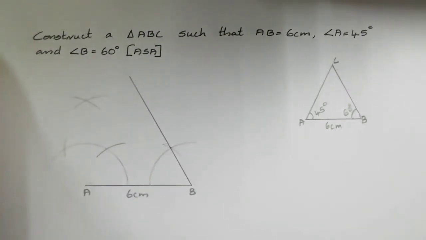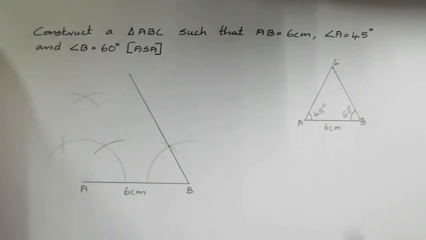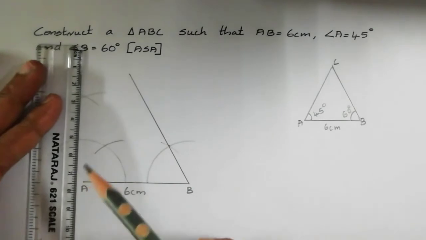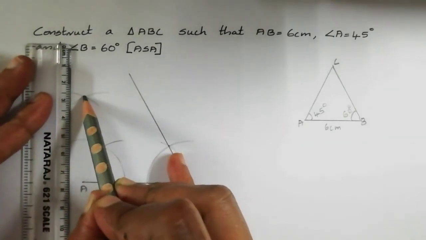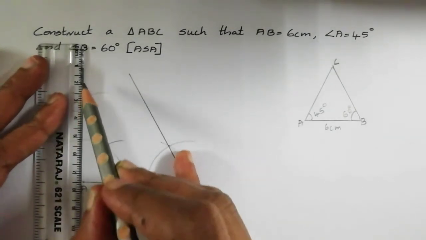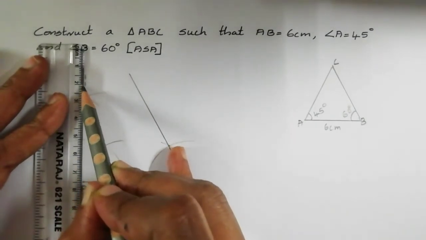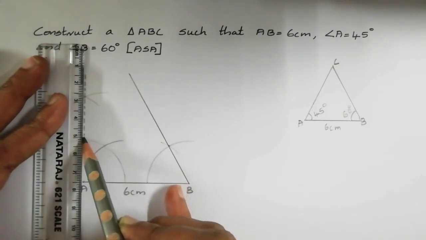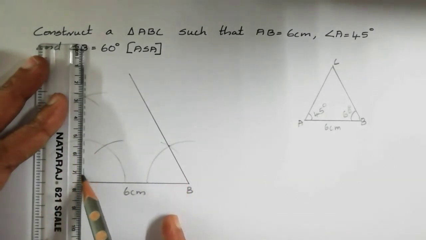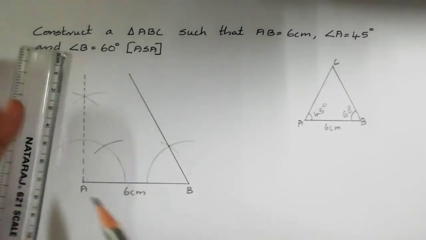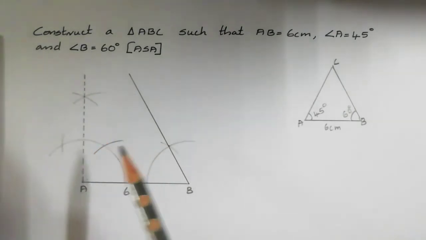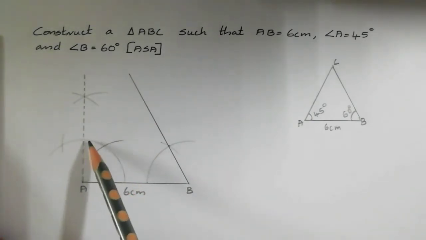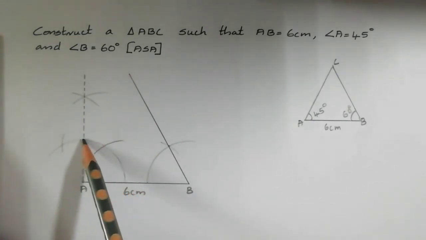Where these two arcs are intersecting, through that point, draw a dotted line. Because this is a 90 degree angle, we want to draw an angle of 45 degree. Then bisect this 90 degree to get an angle of 45 degree.